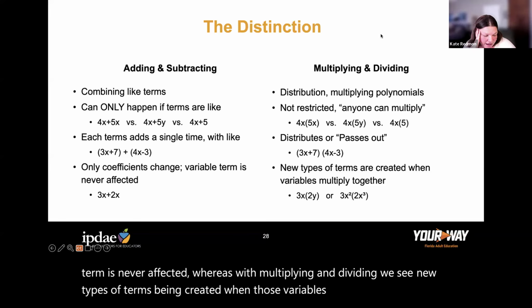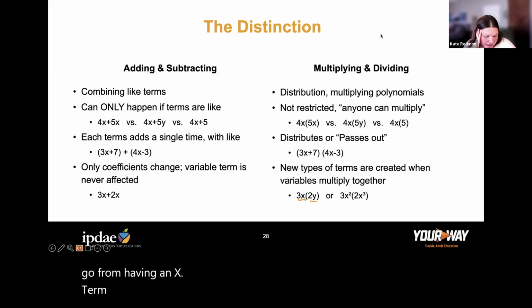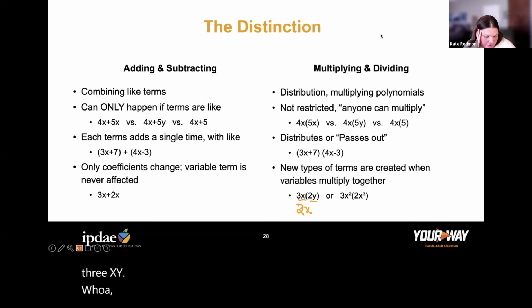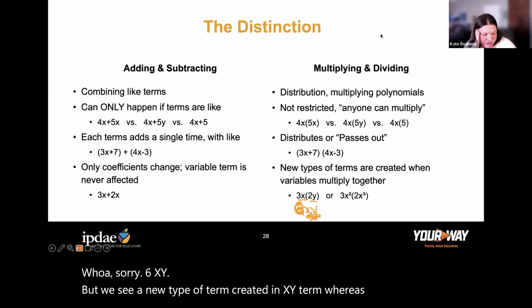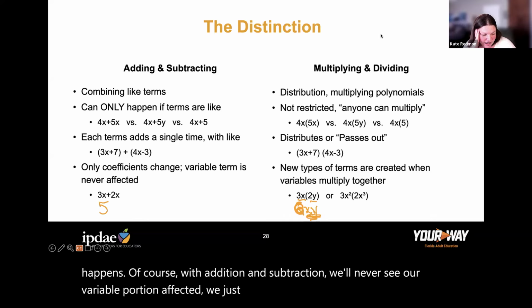So we go from having an x term, I'll say, and a y term, and we multiply them together and we get a 3xy. Sorry, 6xy. But we see a new type of term created, an xy term, whereas that never happens, of course, with addition and subtraction. We'll never see our variable portion affected. We just add the coefficient, and that variable term stays steady.